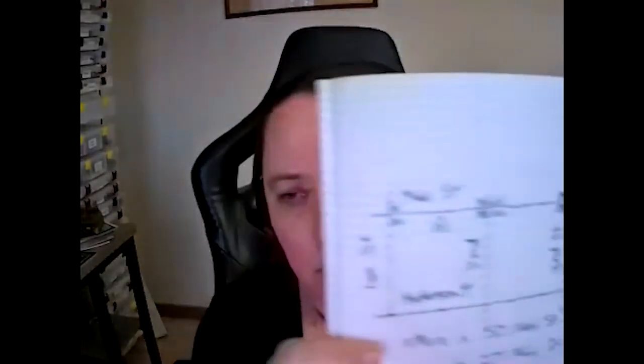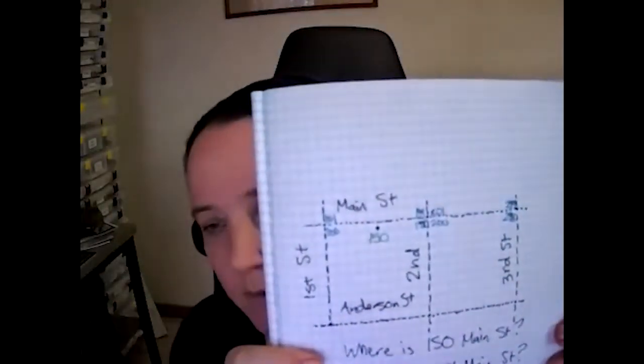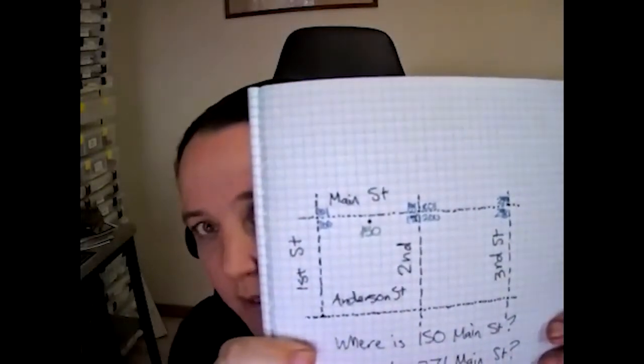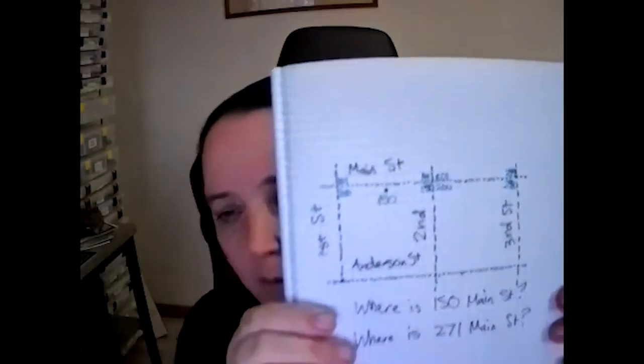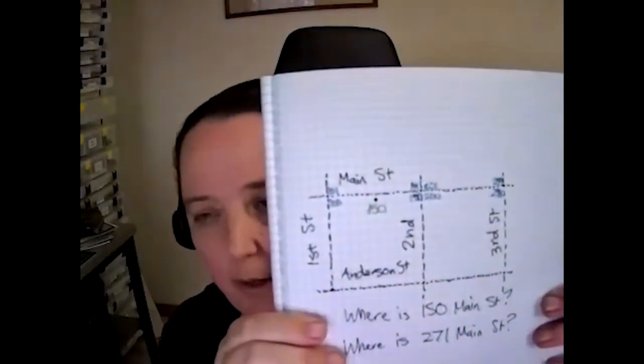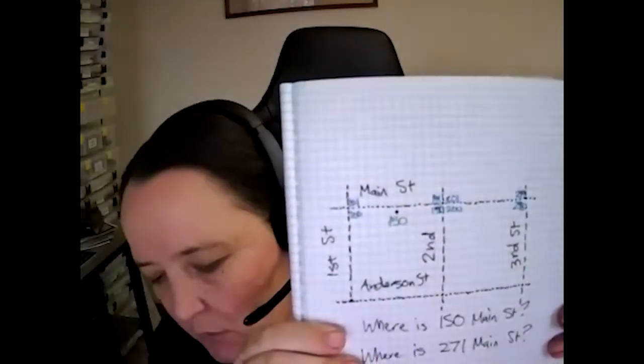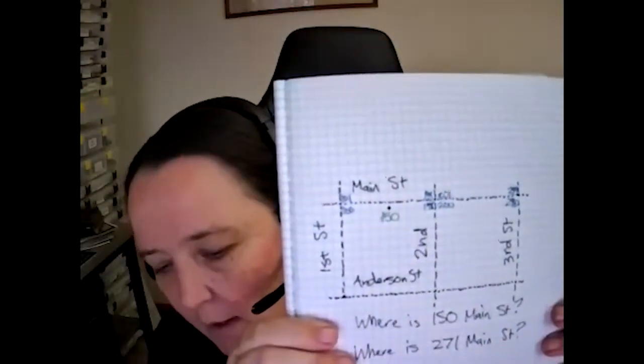If you look here, the numbers range from 201 to 299. So what we're going to do is first think about what's the distance between 271 and 201.